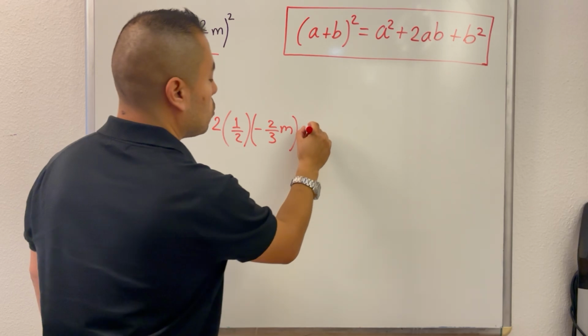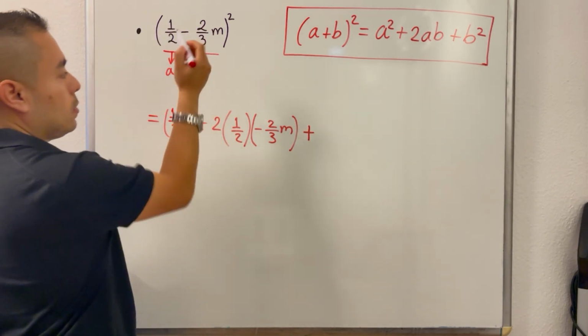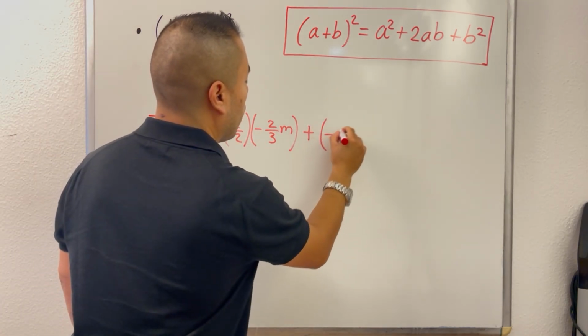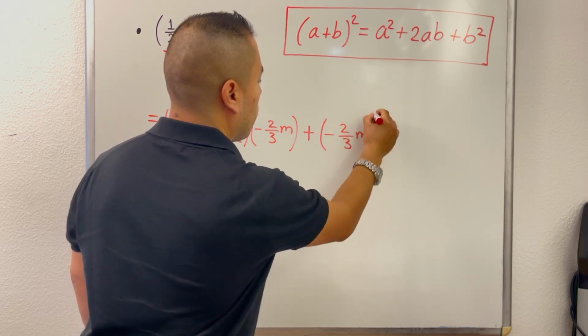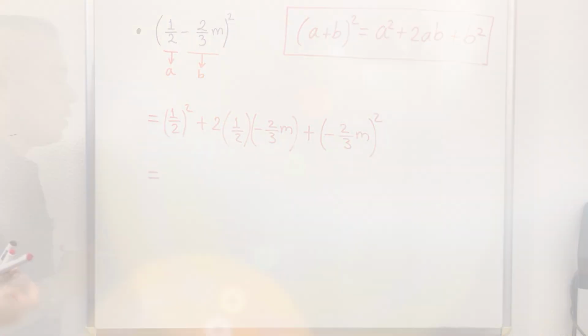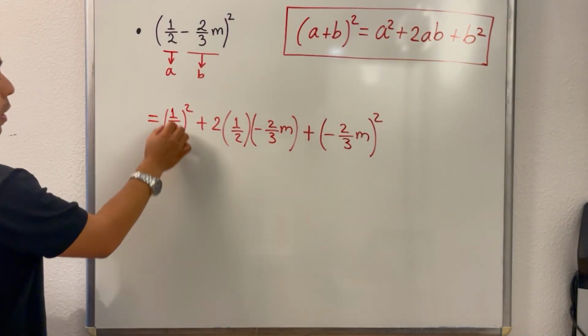Then we have plus B squared. B is again minus 2/3 m squared.